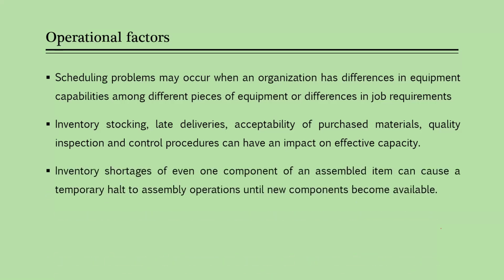Then a shortage of even one component of an assembled item can cause a temporary hold to assembly operation until a new component becomes available. Just imagine the BMW Mini vehicle assembling plant that I have shown you earlier.